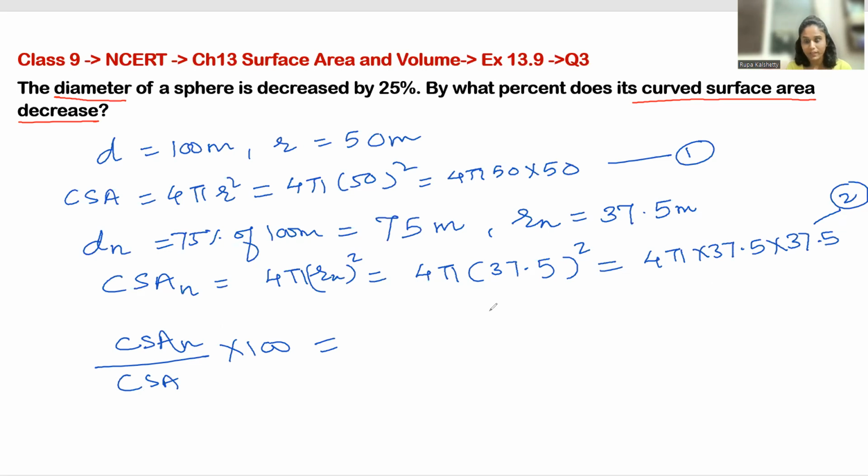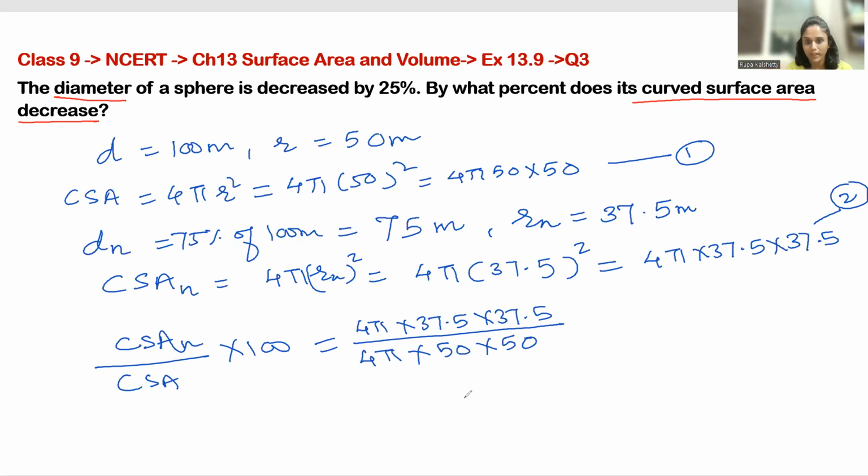So let's plug in the value of equation 2 in the numerator: 4 pi times 37.5 times 37.5, over the equation 1 value here, because this is the CSA, the curved surface area at the original value before decreasing. So it's 4 pi times 50 times 50.